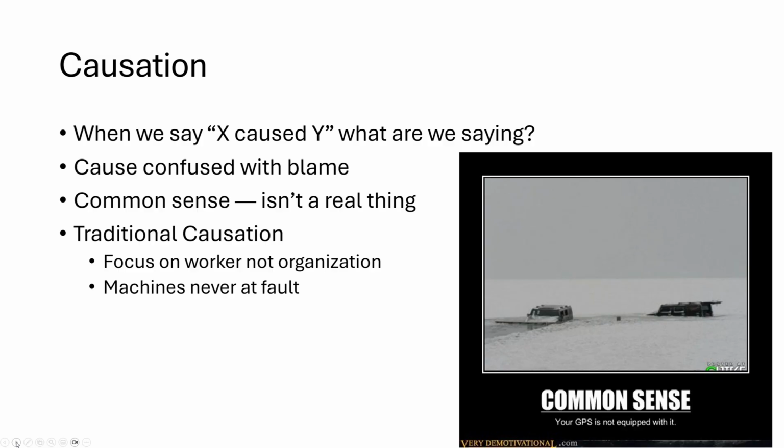And the machines were never at fault. It was the assumption that a machine can't fail. A hammer can't strike your thumb on its own. And that tends to be true when you look at more basic or simple machinery.